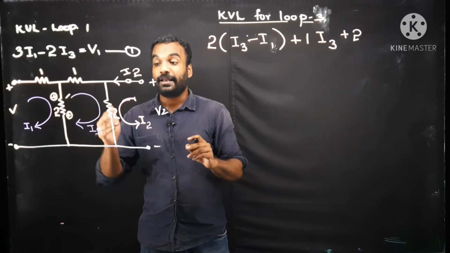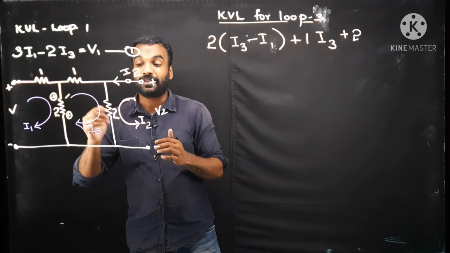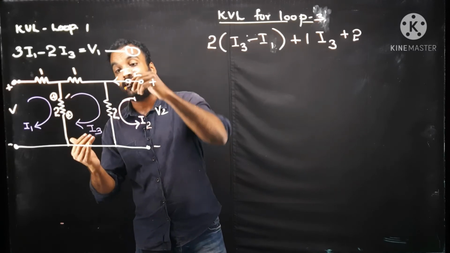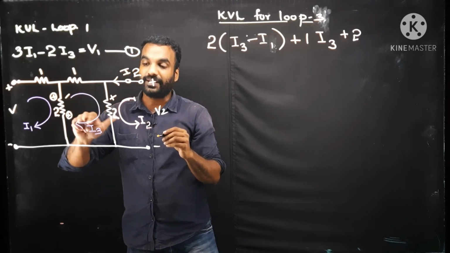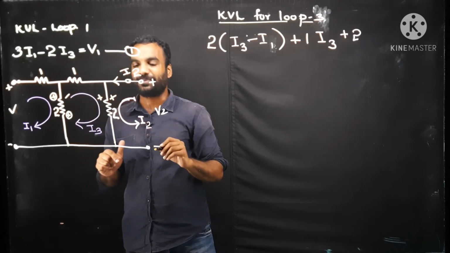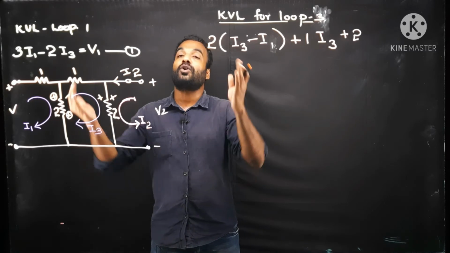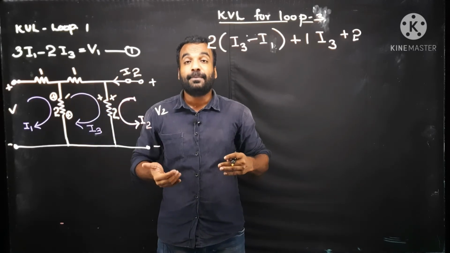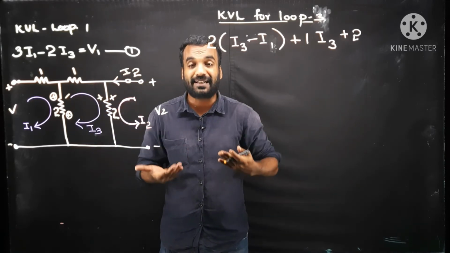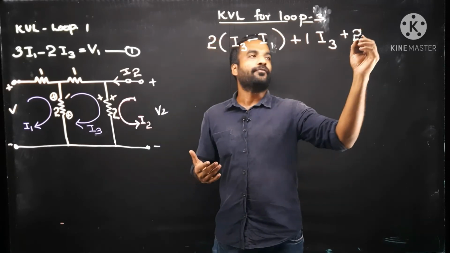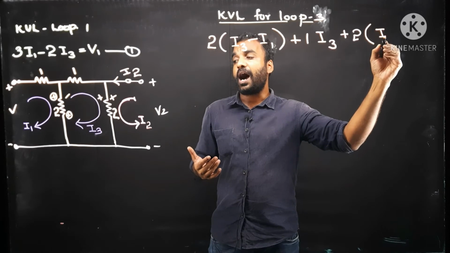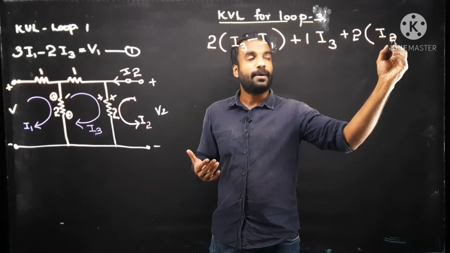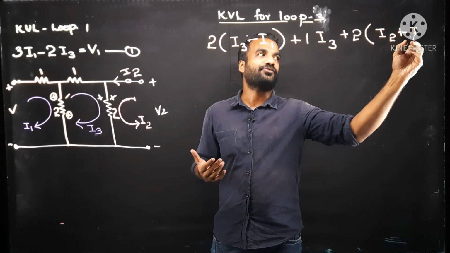So for this 2 ohm resistor, I2 is entering at the top side, whereas I3 is also entering at the top side. So both are having the same direction, both are supporting, both are adding, so we have to mark it as 2 into I2 plus I3.